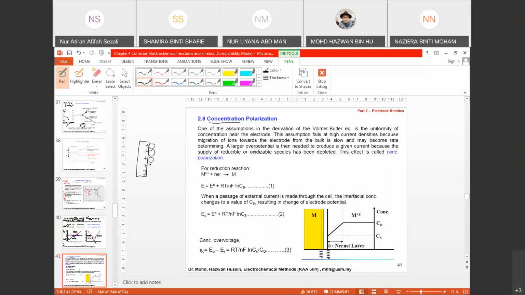You have the electrostatic interaction between the negatively charged species on the surface of the electrode at the inner Helmholtz plane. And then at the outer Helmholtz plane, OHP, this is where you have the remaining concentration. So in this region, you will notice that the concentration of anions will always be higher.